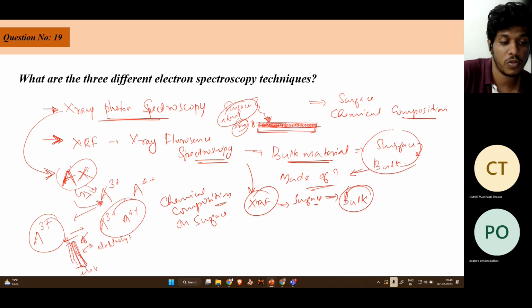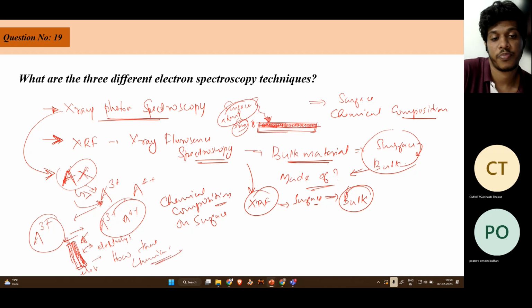To get all those details, you can perform this XPS study to see the actual chemical composition of this surface. Yeah, that is XPS and XRF.